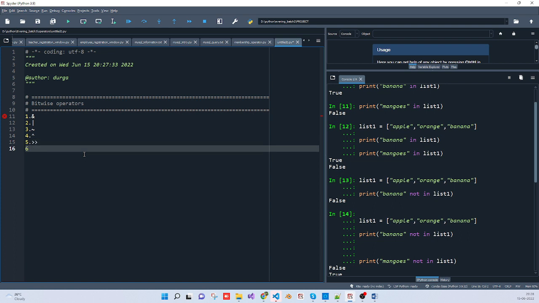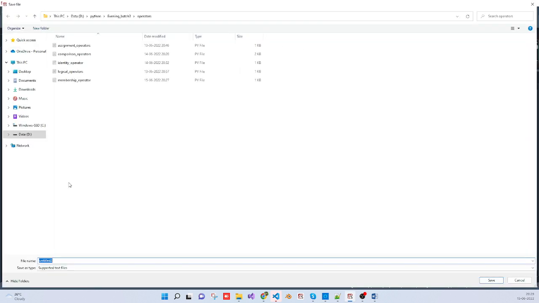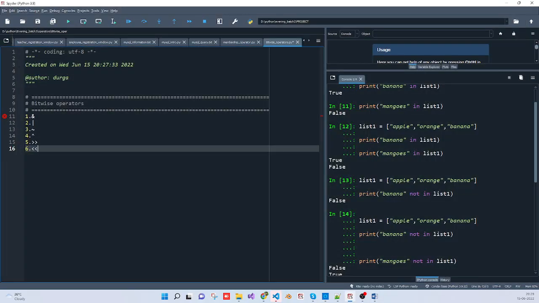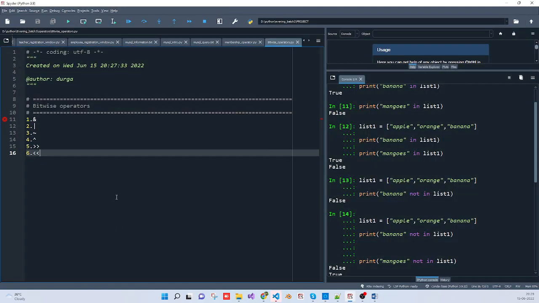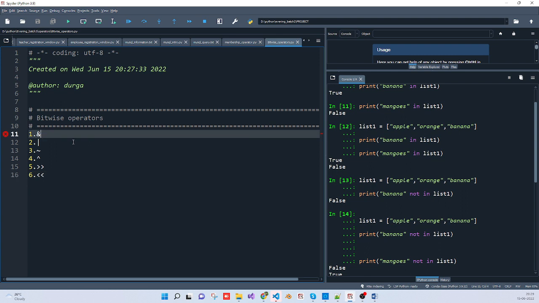The sixth one is left shift. It's completed or not? Bitwise operator. This topic is completed. If completed, then I will skip this one and we will proceed to the next topic.